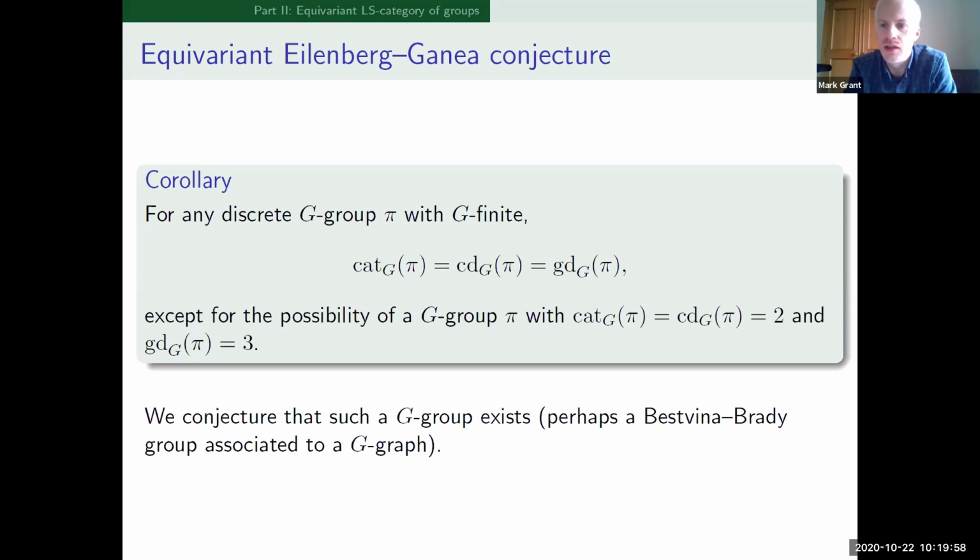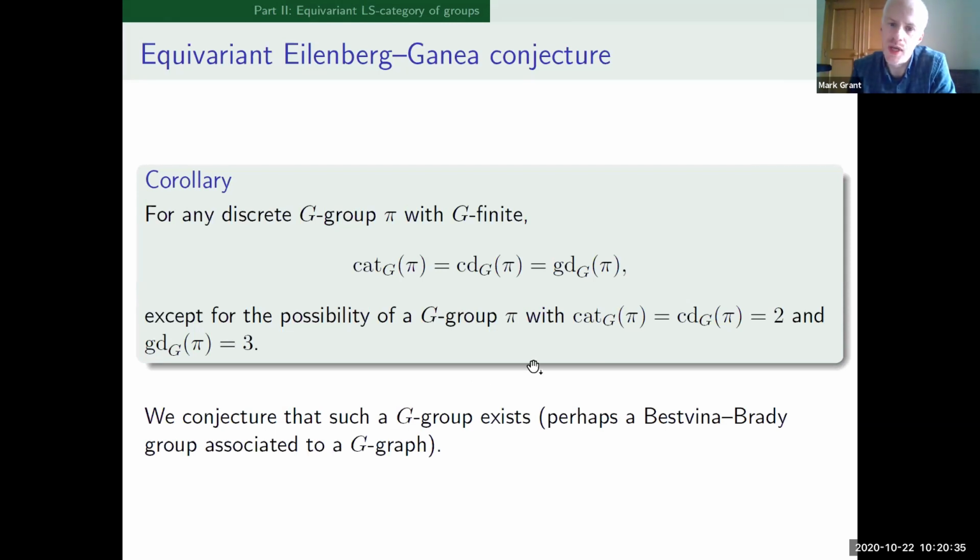They take the right-angled Artin group associated to the one skeleton of this thing, and take the kernel of the map which sends all the generators to 1 in the integers, and that's the Bestvina-Brady group associated to this graph, and then they show that this thing has these curious properties, but they're not using the action of G. So our hope is that by building in the equivariance, which is there, we can get a counterexample.